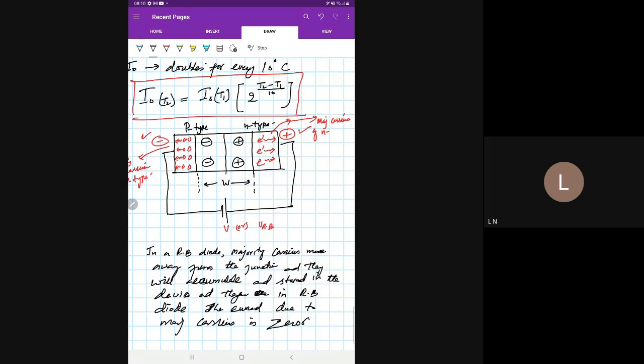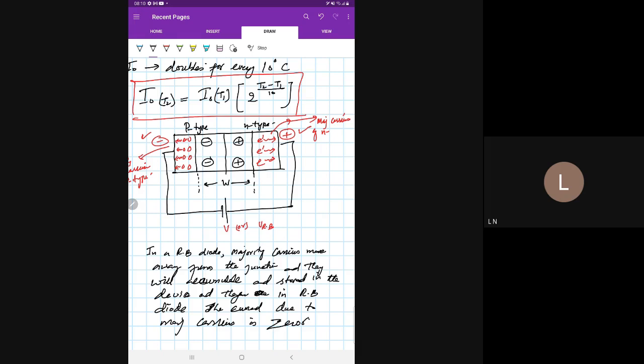The current through the device is only when a charge carrier crosses the junction. Since these majority carriers are already moving away from the junction, they will not contribute to any current. Hence, in a reverse bias diode, the contribution of current due to majority carriers is zero.